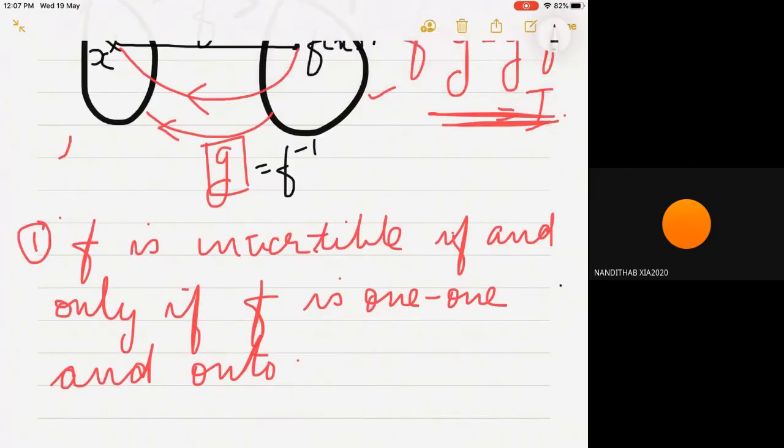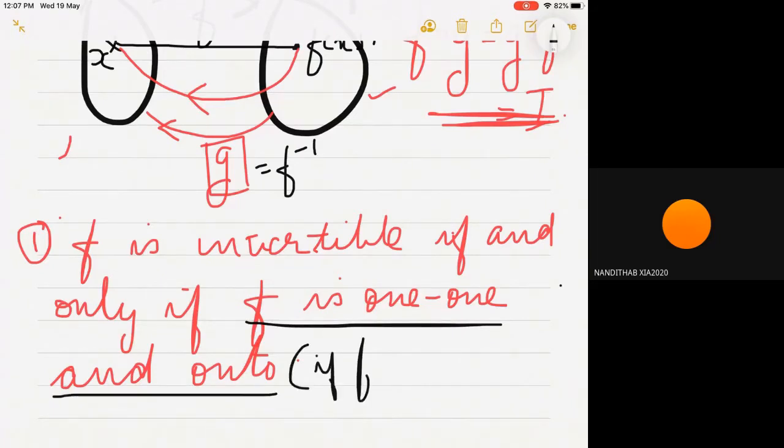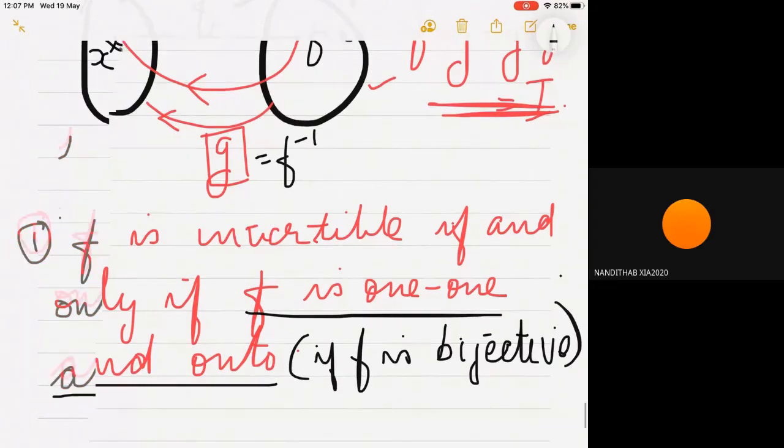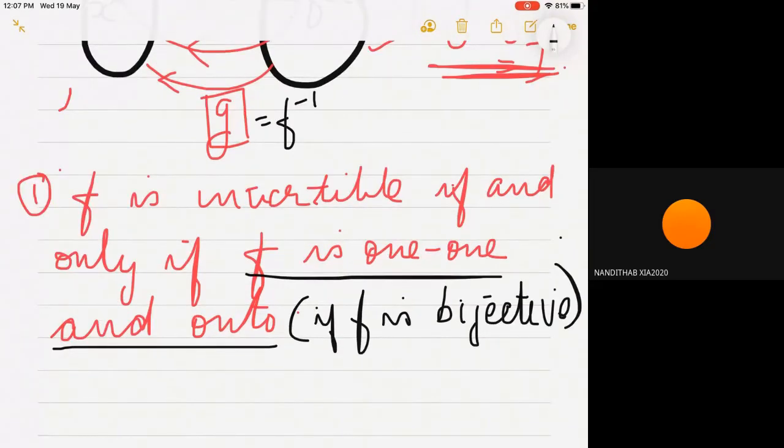This is very important to know. Only if f is bijective is this function invertible. Now, today's topic is how to prove that a function f is invertible and how to find the inverse of the function.